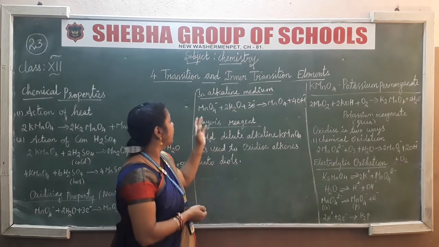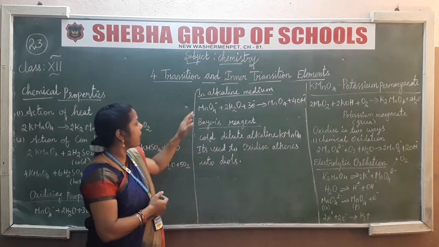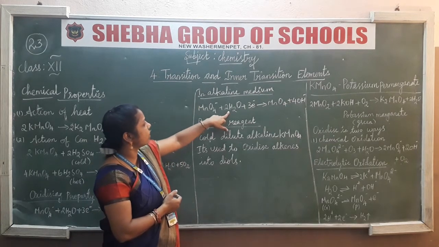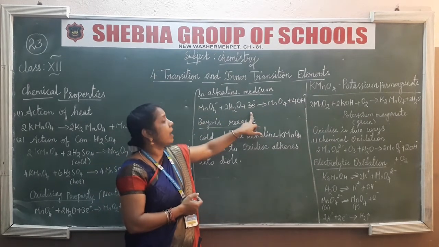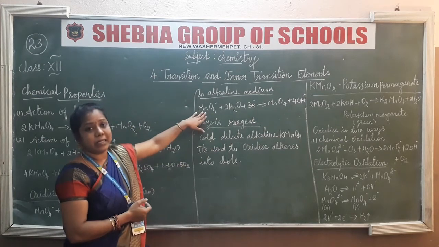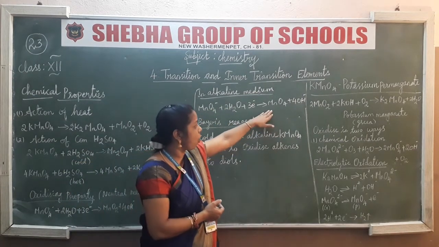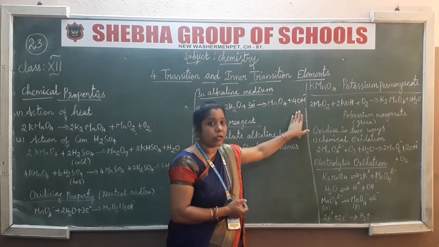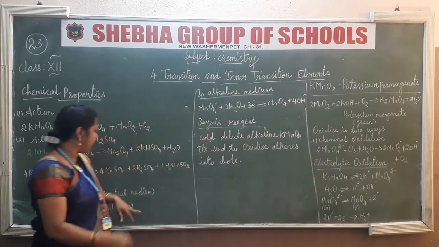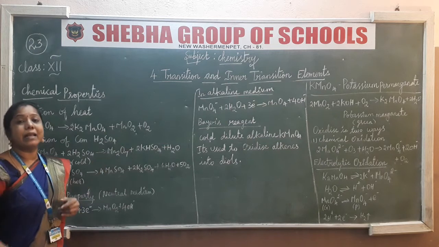Now go for the alkaline medium. For the alkaline medium you have to react with water. The 3 electrons have to combine with the manganese tetraoxide, and we get manganese dioxide and hydroxyl ions. So this is the difference between the neutral medium and the alkaline medium.